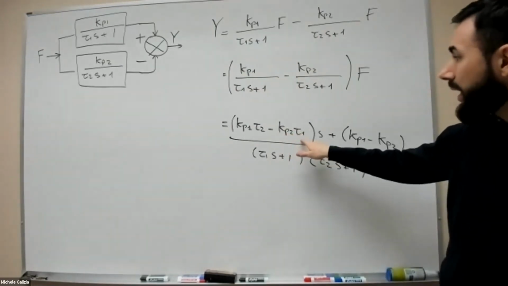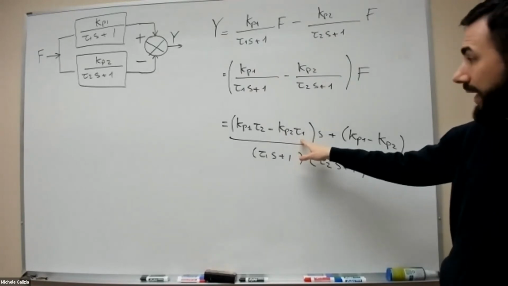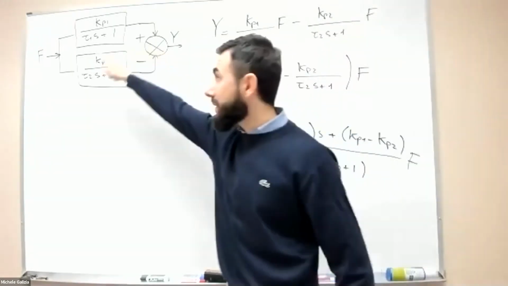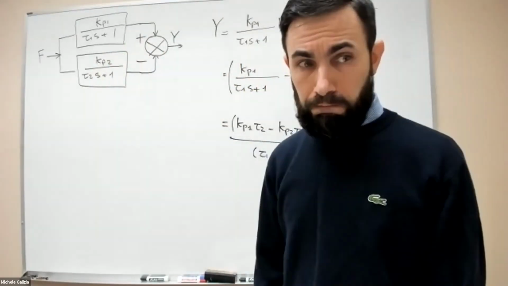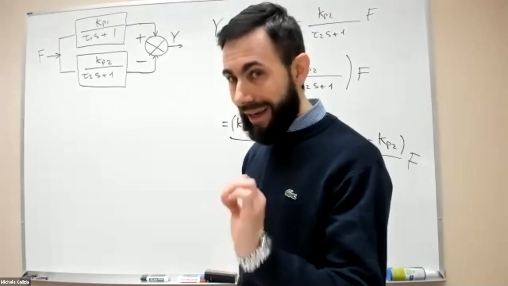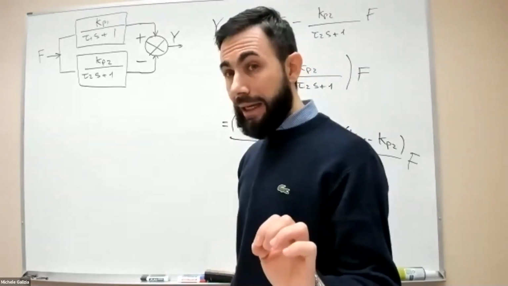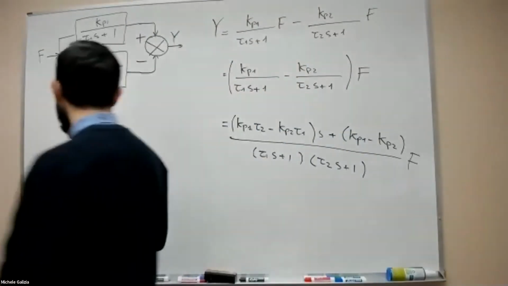So this will be the overall transfer function that represents the overall system. Make sense? Yes. Okay. Now, please, guys, pay attention, because this concept is maybe a little bit tricky. So please, I need to ask you to pay attention, to focus very well now.